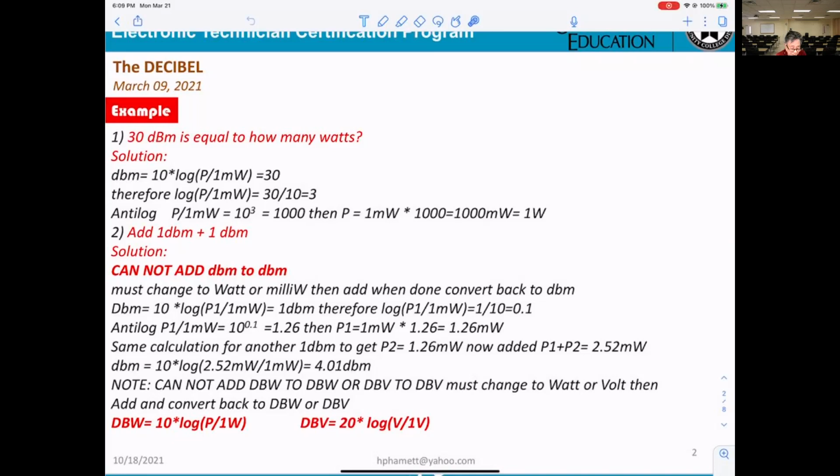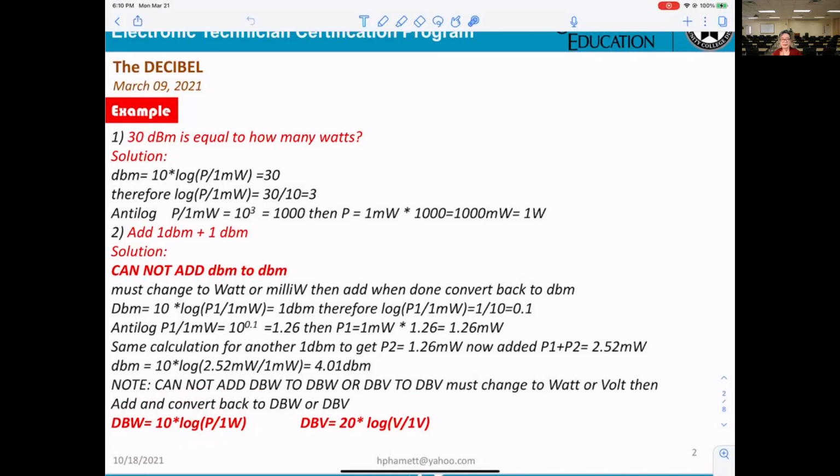The formula: dB watt equals 10 times log of the power P divided by 1 watt. dB volt equals 20 log of the volt divided by 1 volt. That's the formula you need when you're working with dB watt or dB volt.